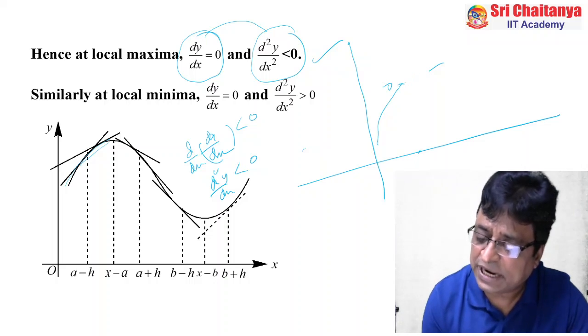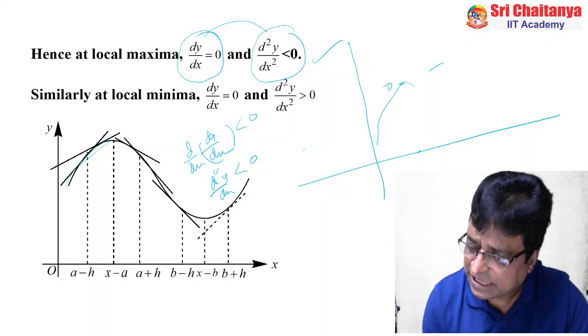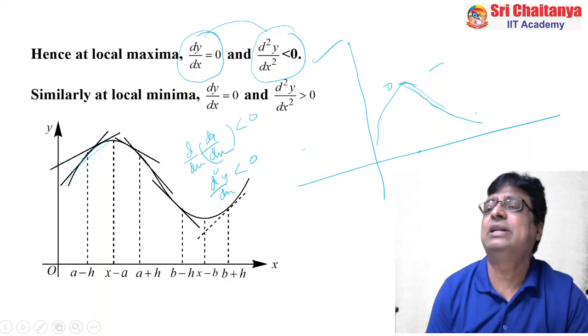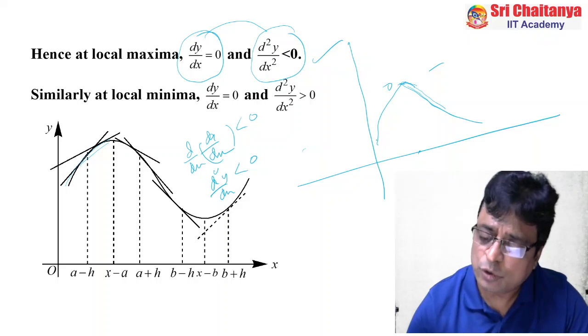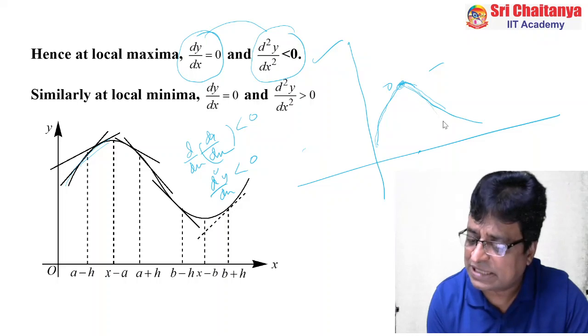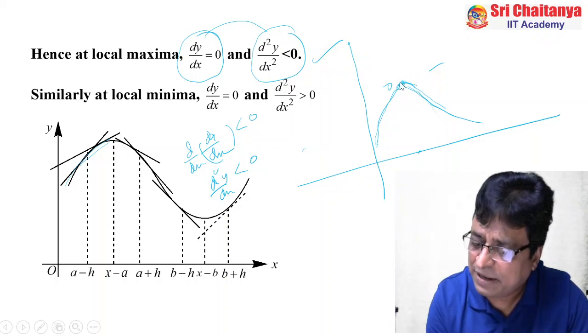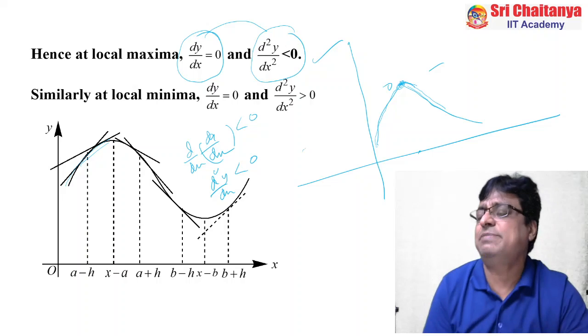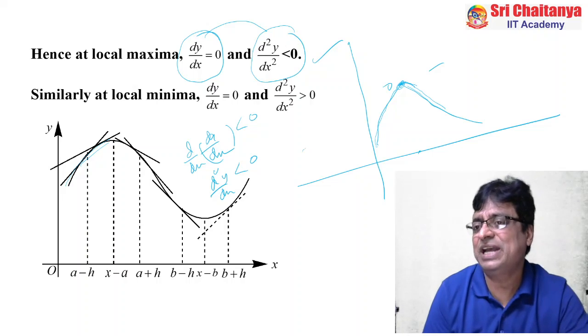After that, the curve is decreasing. Decreasing means the derivative of the function is less than 0, that means d square y by dx square is less than 0. So when dy by dx is 0 and d square y by dx square is less than 0, the curve comes down, and in that situation I can say that the function has a maximum.